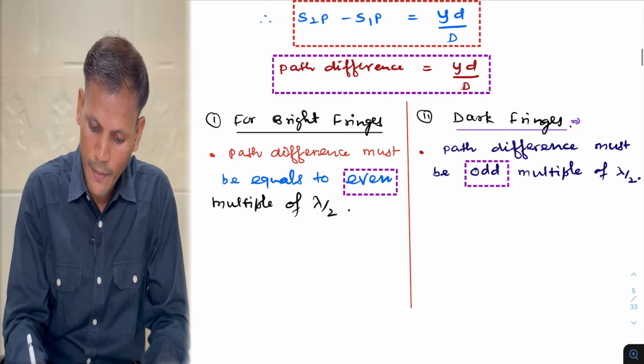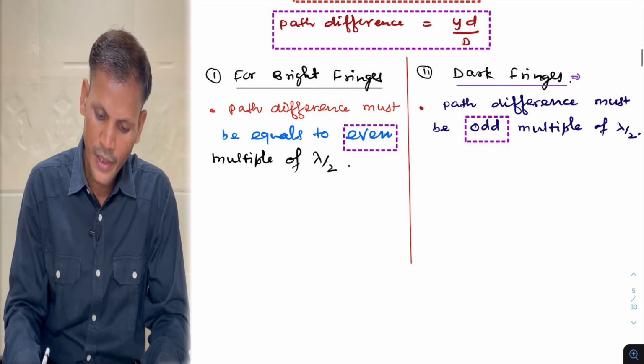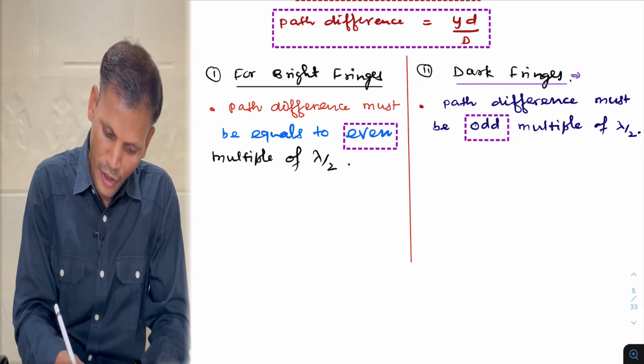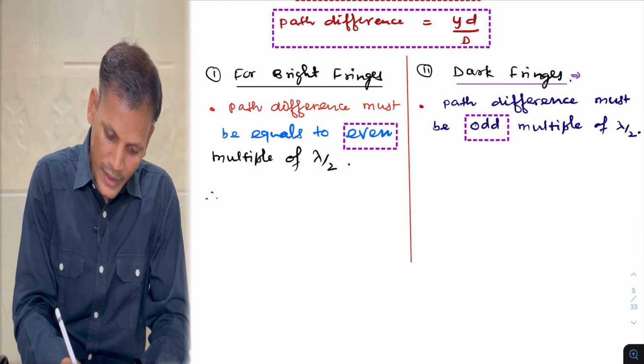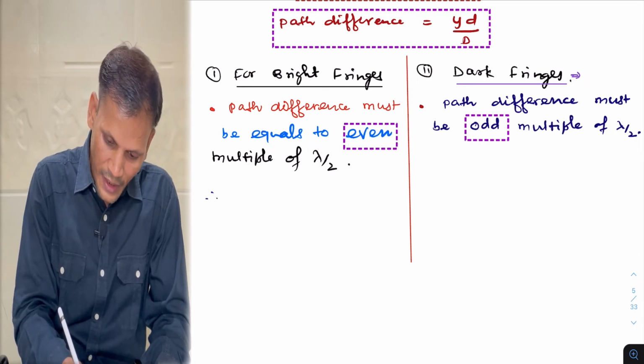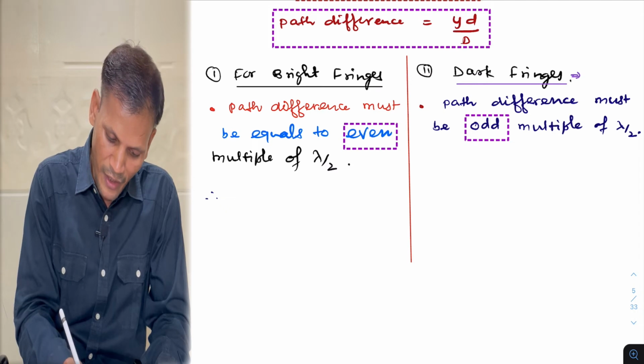But what is the path difference? It is yd by D. So for the bright fringes, path difference is equal to an even multiple of lambda by 2.